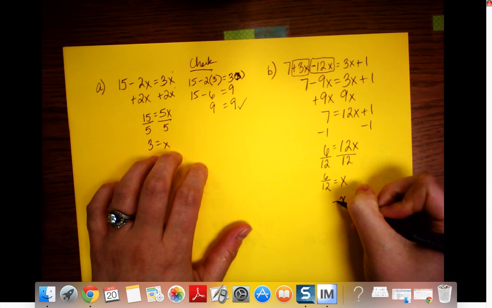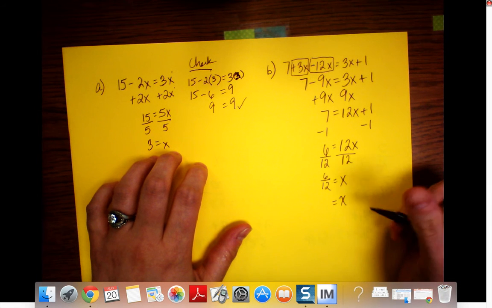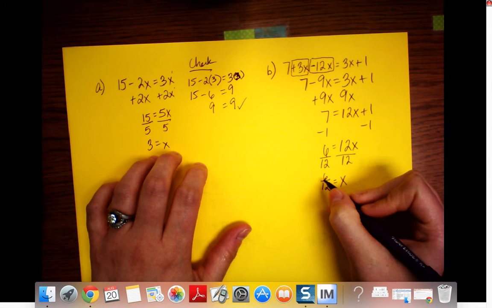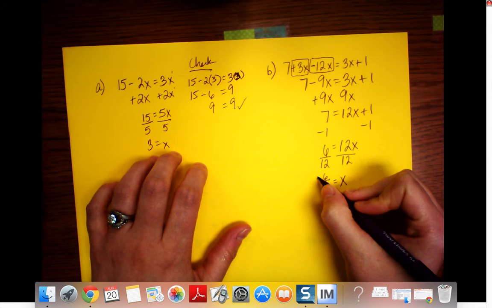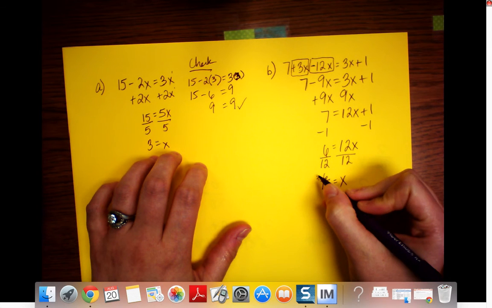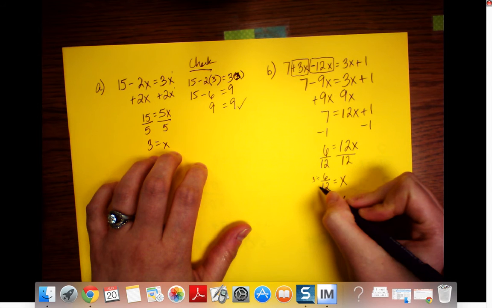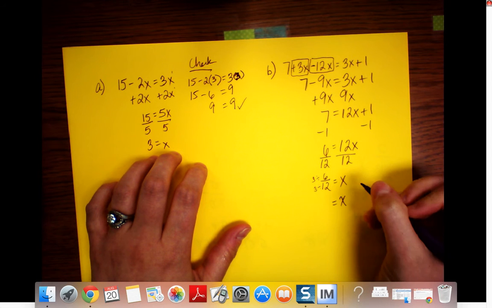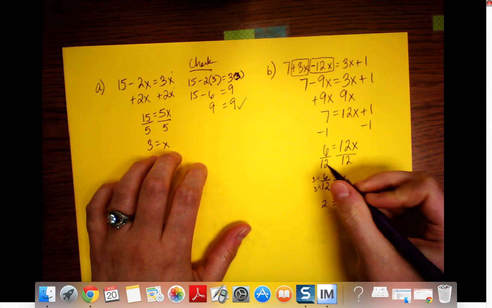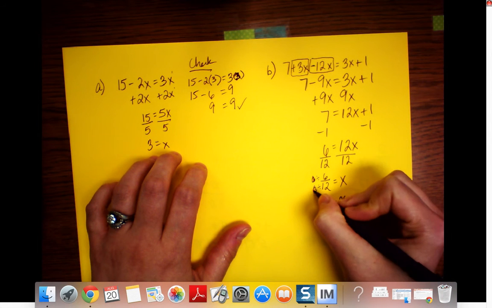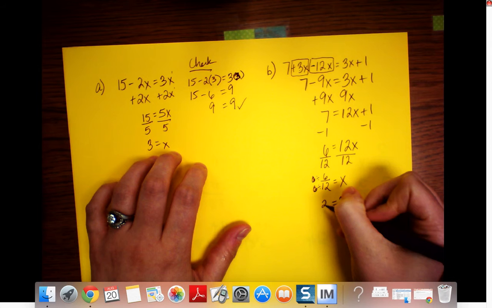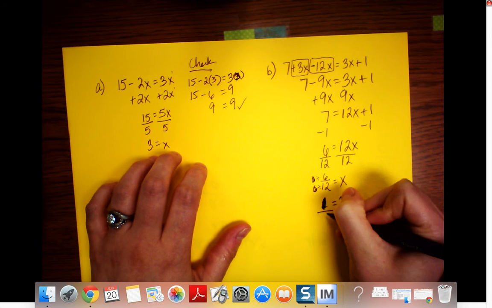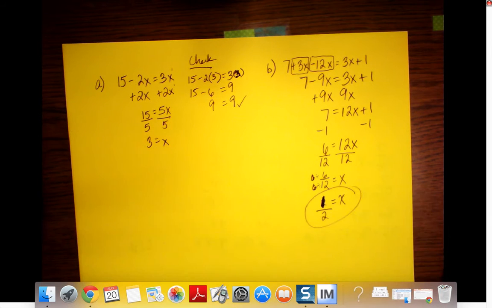So 6 twelfths can be simplified. It can be simplified by 3. So 6 divided by 3 is 2. What am I talking about? It can be divided by 6. I'm sorry. 6 divided by 6 is 1. And then 12 divided by 6 is 2. So 1/2 is your answer.